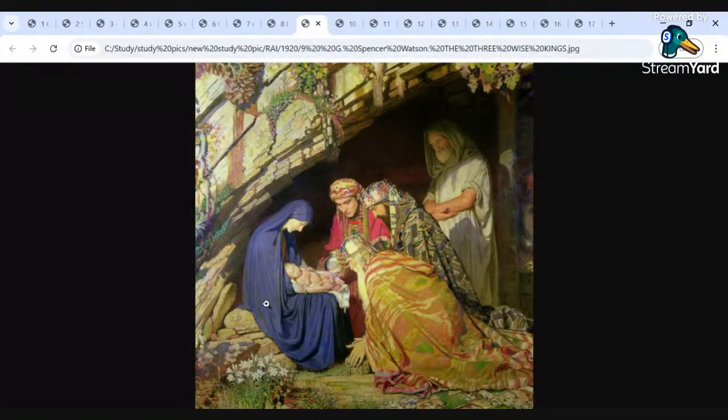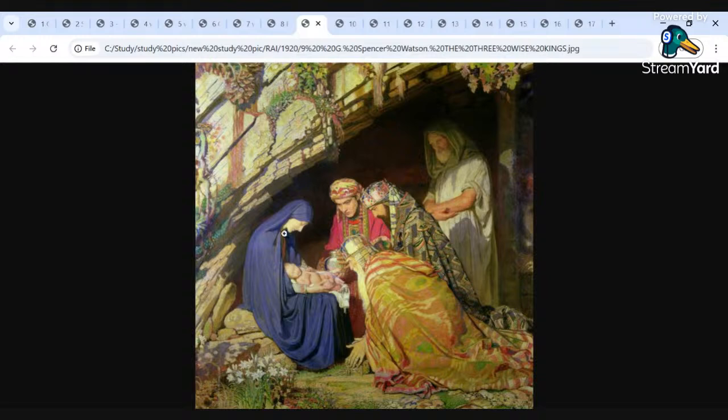You've got the Virgin Mary across here in her deep blue, which is a slightly different color tone to the usual blue that's used. Joseph in the background is in a green, and then the three richly colored wise men across here. I really love the cave setting. I think it's really novel and really interesting. But for me, what's particularly strong is the color palette that he uses.